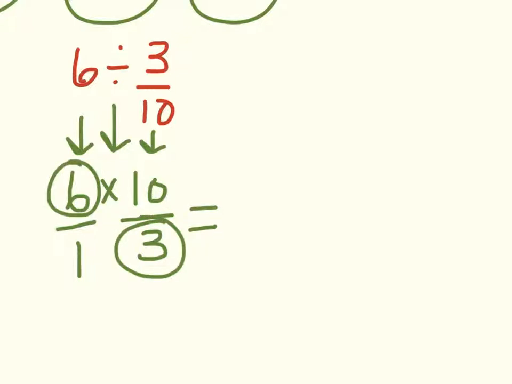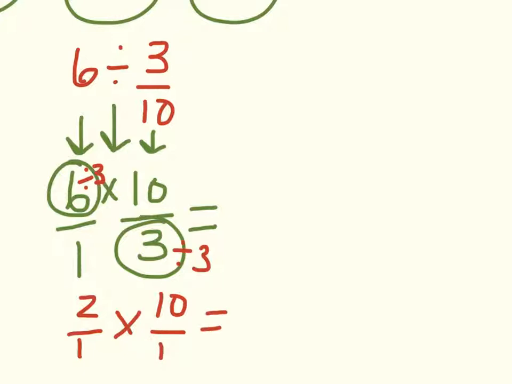Sure are. Both can be divided by 3, correct? So we now rewrite our fraction as 2 over 1 times 10 over 1, which gives us an answer of 20. Mrs. Johnson had 20 very lucky students in her class who enjoyed a pizza lunch.